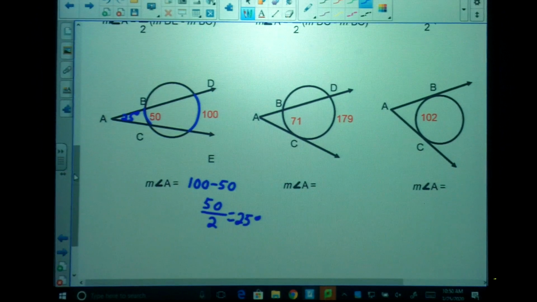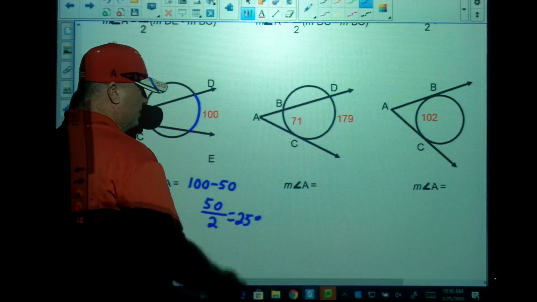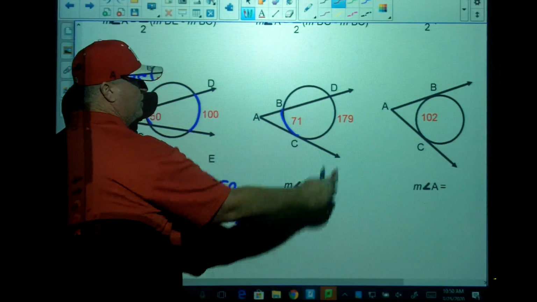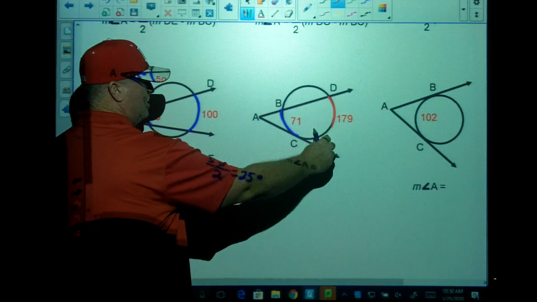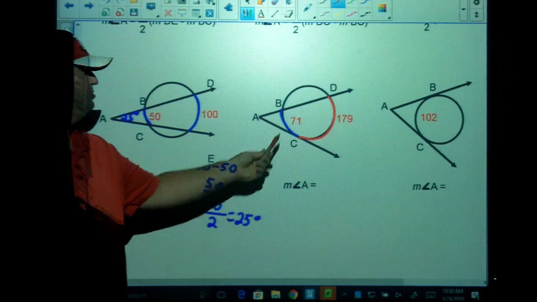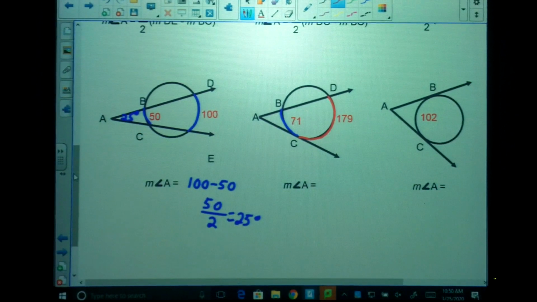On the second one, we have a secant and a tangent. So our two intercepted arcs are the 71 and the 179. Now remember, when you're subtracting these numbers, do not do 71 minus 179, because you will get a negative number, and you can't do the negative numbers.